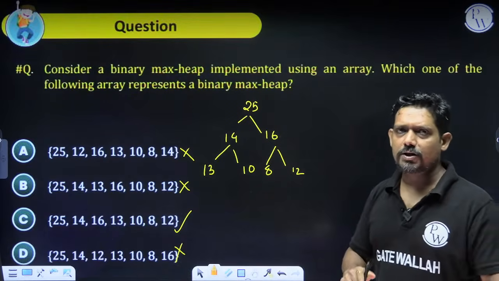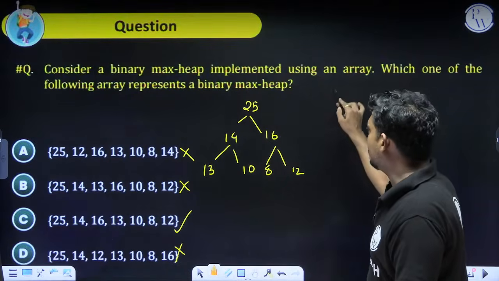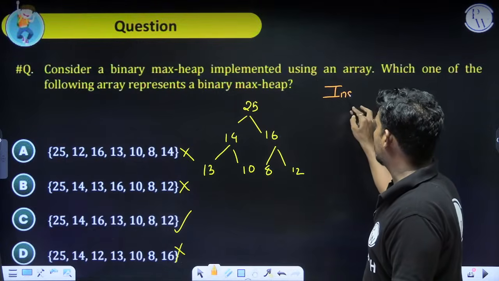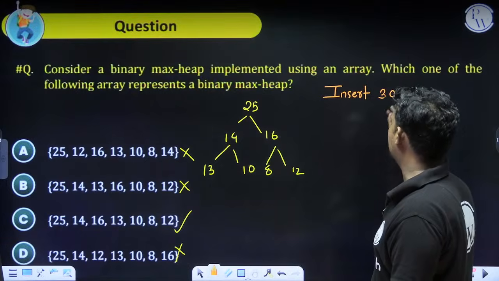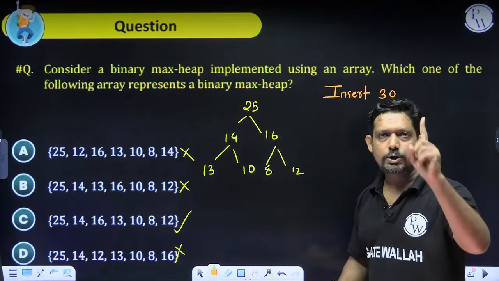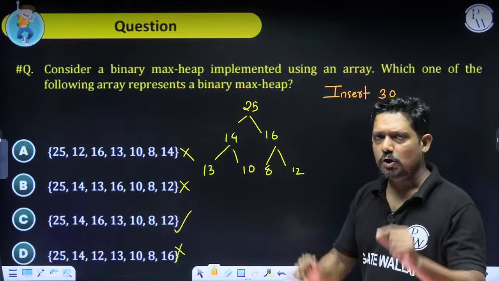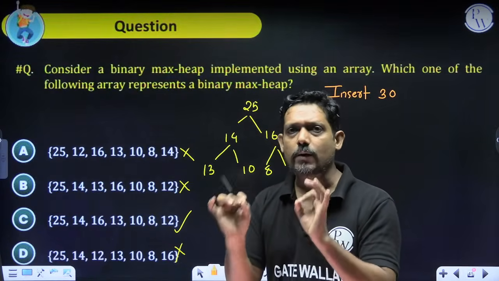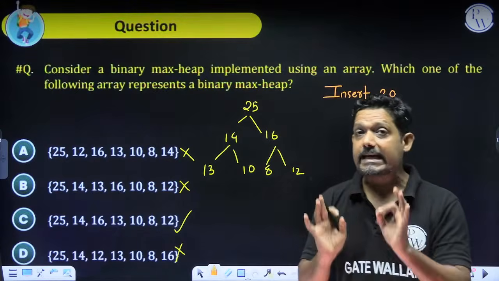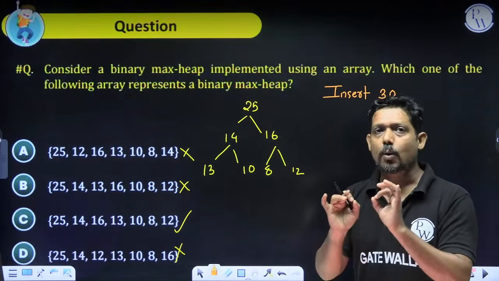Say I insert the value 30. First of all, I should insert it into the next position of the CBT so that the CBT property is not violated.